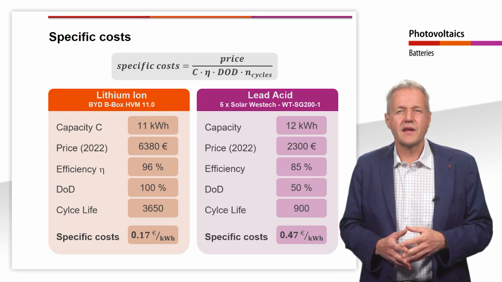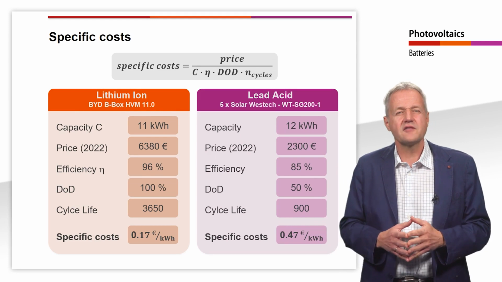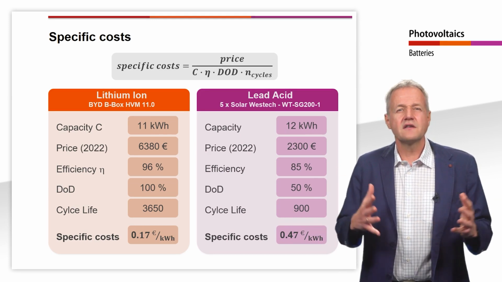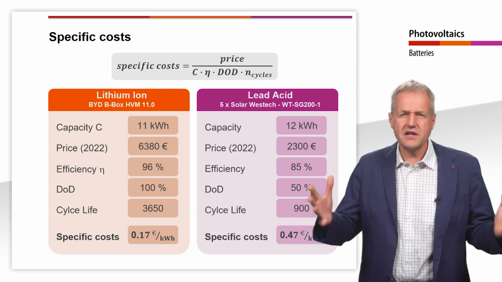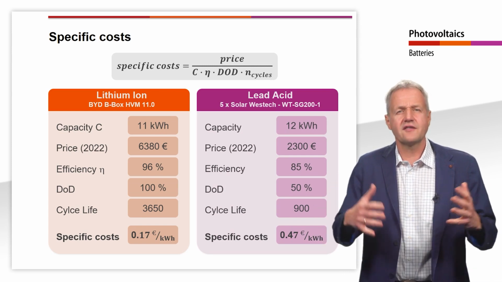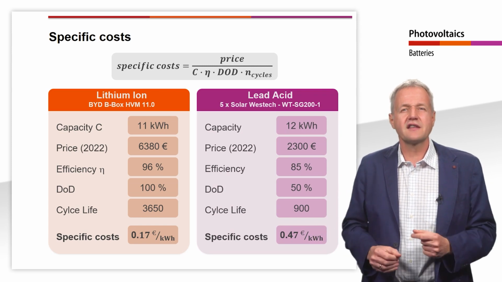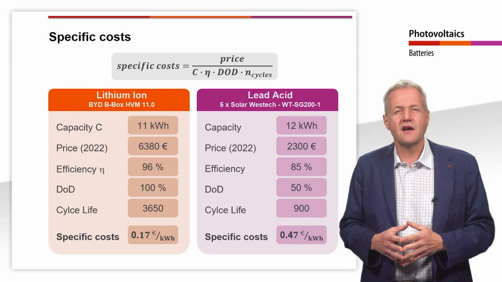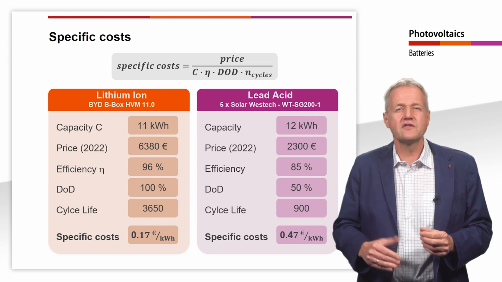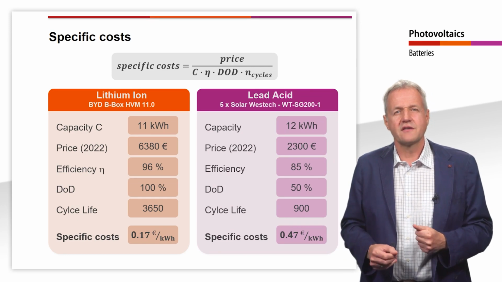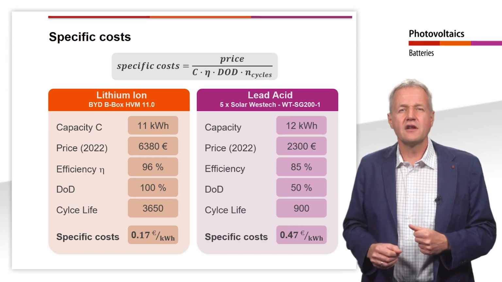With these values, we get a value of 47 cents per stored kilowatt hour for the lead battery. This is almost 3 times as much as for the selected lithium-ion battery. This comparison explains why lithium-ion batteries are increasingly being used in PV systems instead of lead-acid batteries, which were the norm until a few years ago.